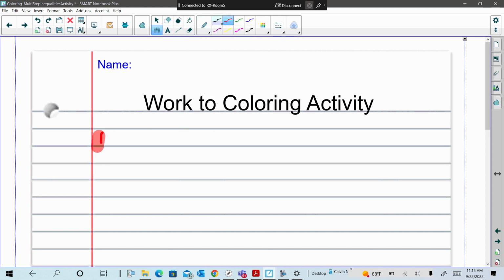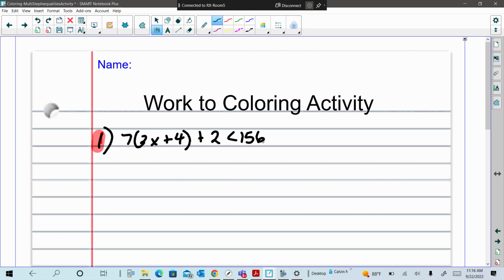Number one, you have the problem that says 7 parentheses, do this on your paper, 3x plus 4, then plus 2 is less than or equal to 156.